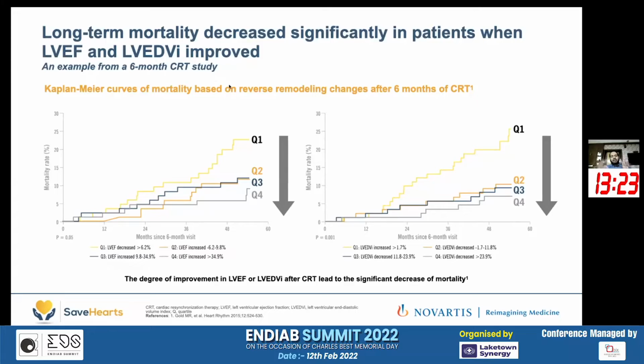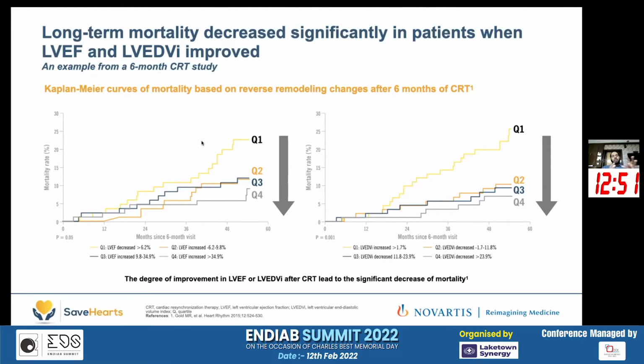Therapy devices are devices that help to synchronize the heart by means of a device that is placed percutaneously. And what this does is that it helps to synchronize the heart. So once you achieve AV synchrony, or atrial ventricular synchrony, and you achieve septal to lateral wall synchrony, you help the remodeling of the ventricle.